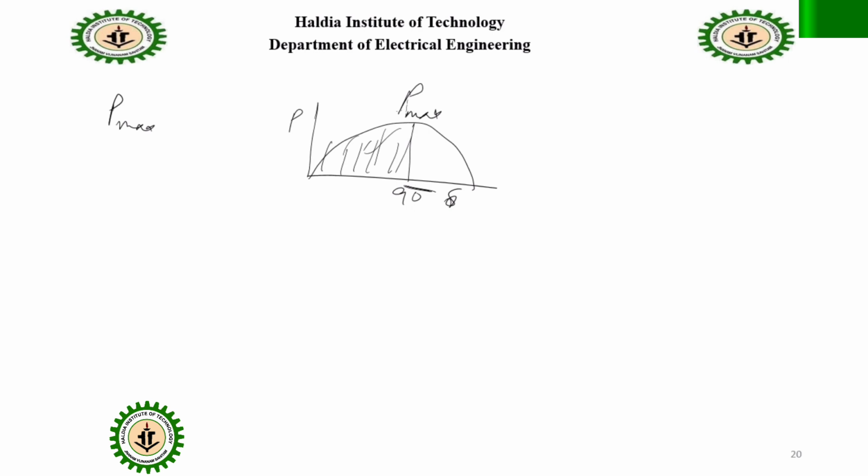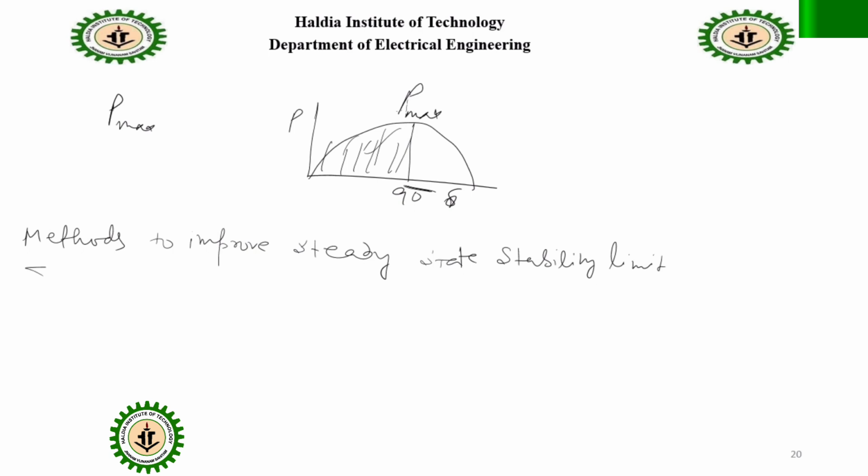Next, methods to improve steady state stability limit. Number one, we know P is equal to EV by X, that is Pmax.